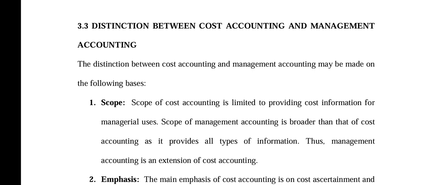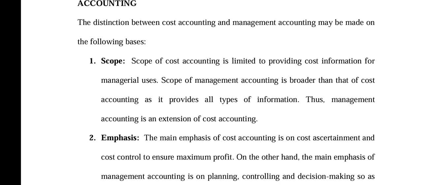But cost accounting is only restricted to how to arrive at the cost we use for production. Management accounting takes all of these costs together to help management make informed decisions. And that is why it's referred to in this point as the extension of cost accounting.